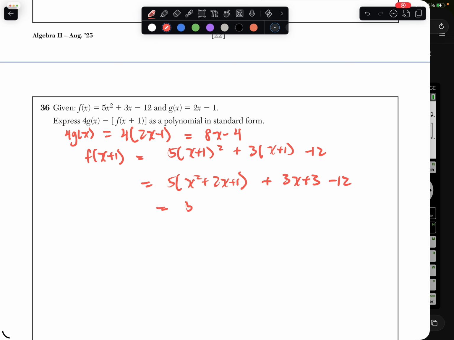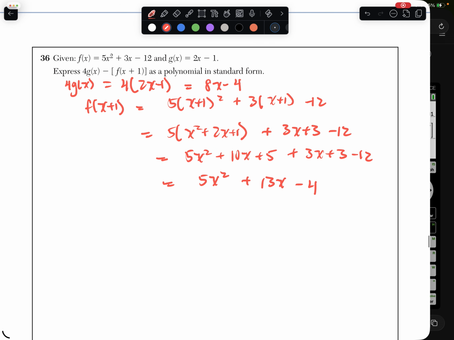So this is equal to 5x squared plus 10x plus 5 plus 3x plus 3 minus 12, which is equal to 5x squared plus 13x minus 4. I hope.